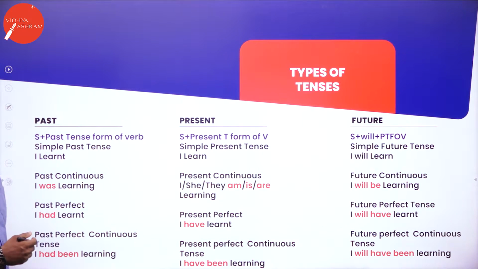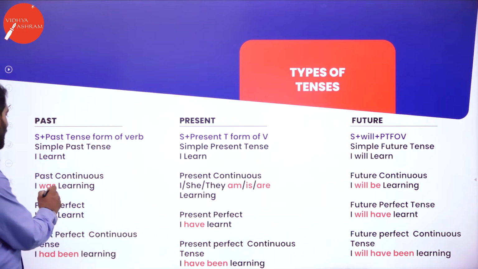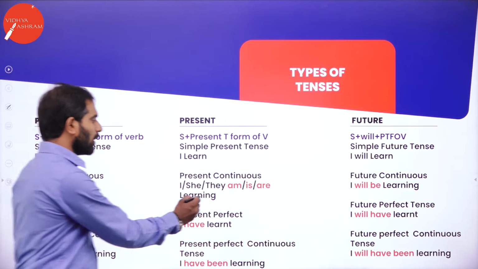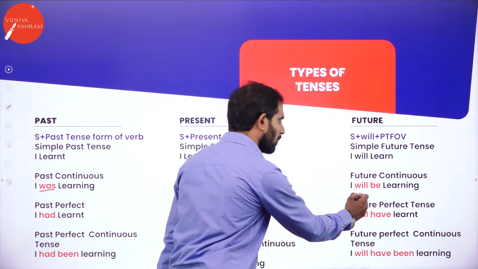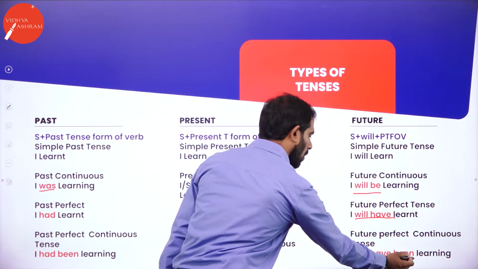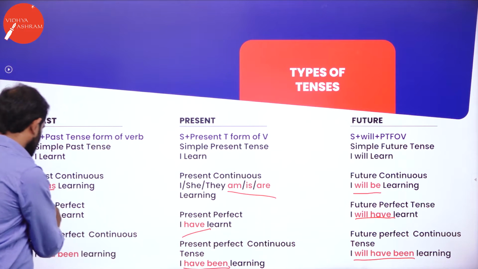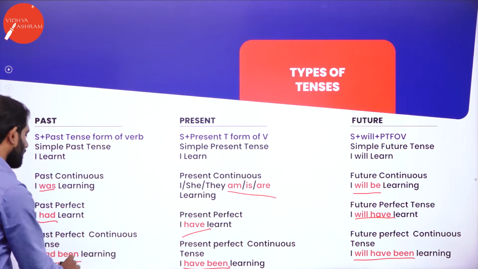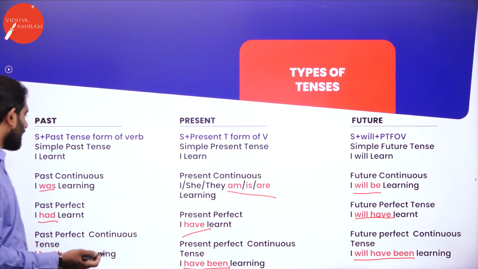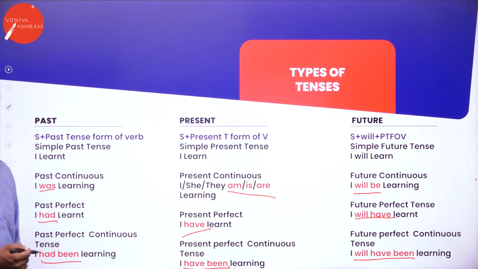So this is the slide, just have a look at it. Compare how the auxiliary verbs play a key role in all the tenses and subtenses. Just have a clear look at it. As the auxiliary verb changes, so will the tenses.